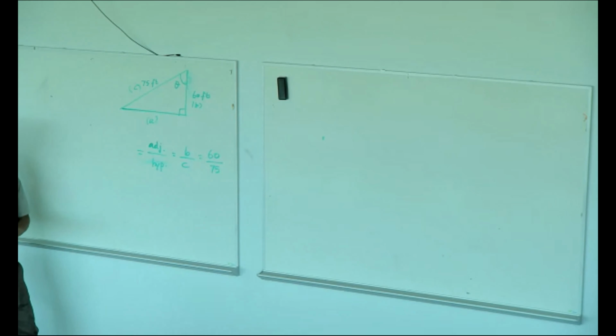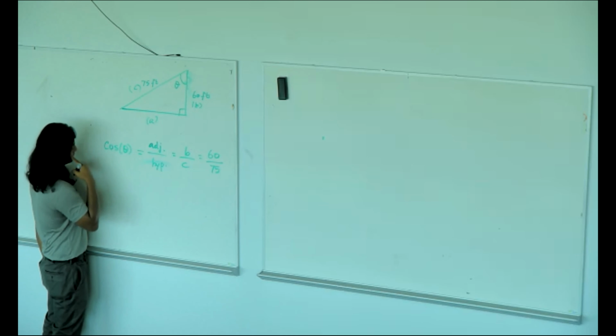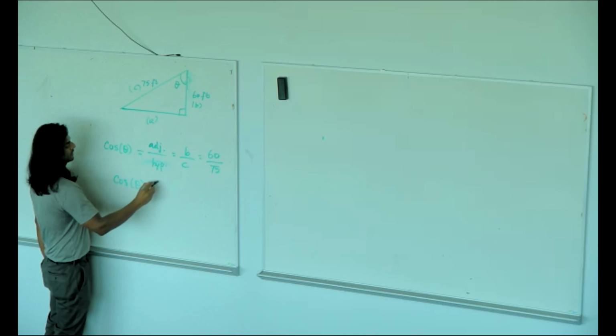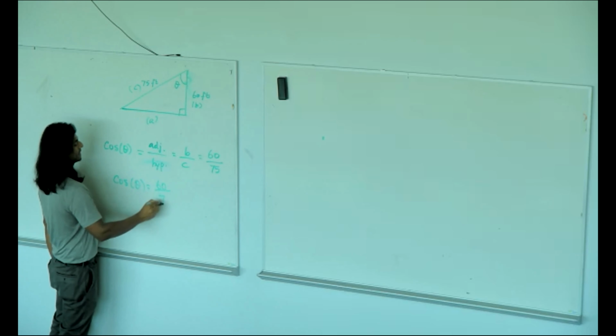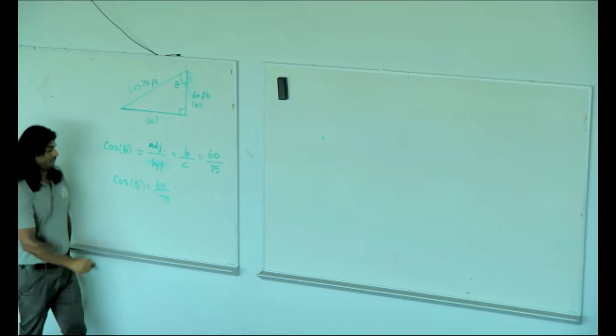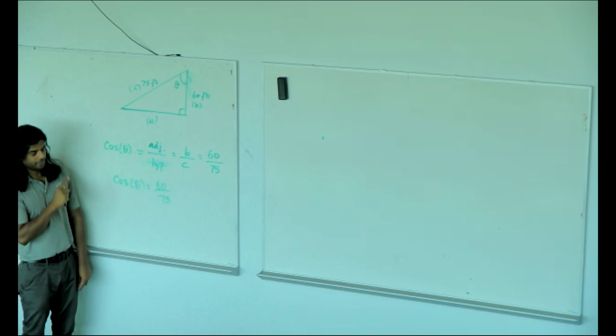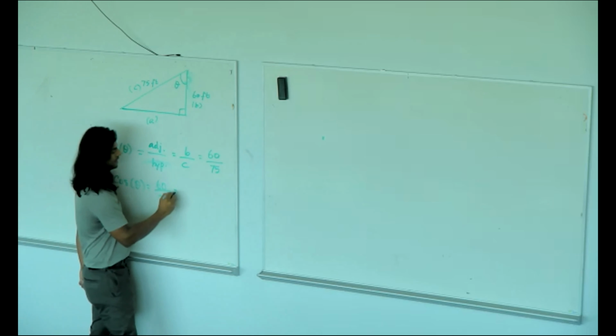Is it sine, cosine, or tangent? Cosine. So cosine of theta is 60 divided by 75, which would be 4 over 5.